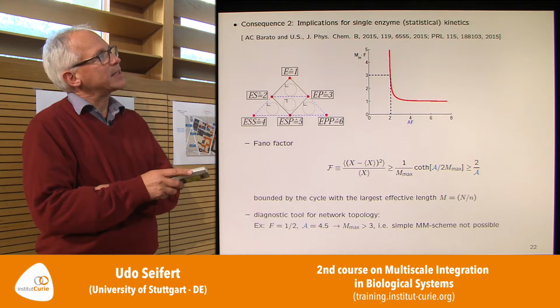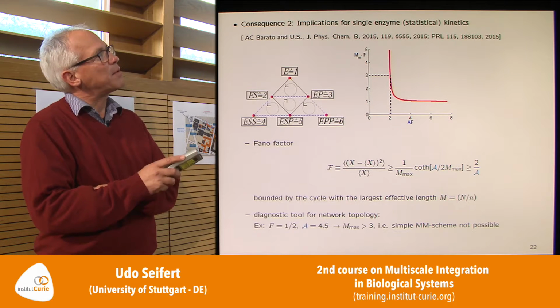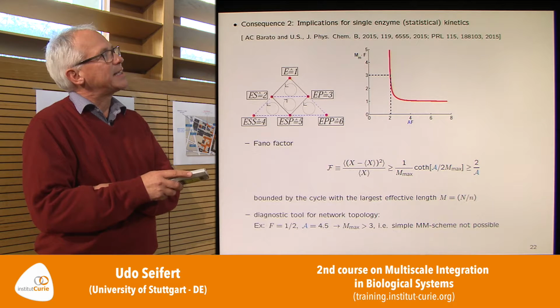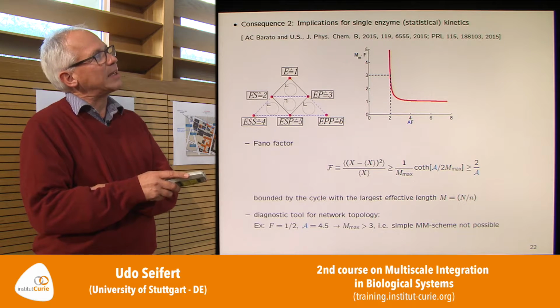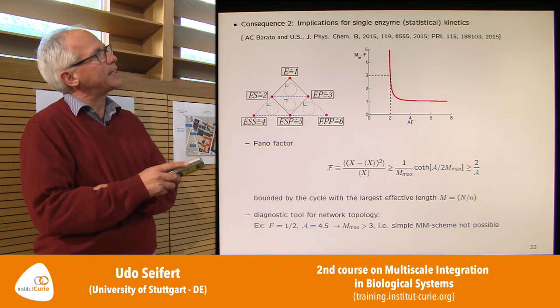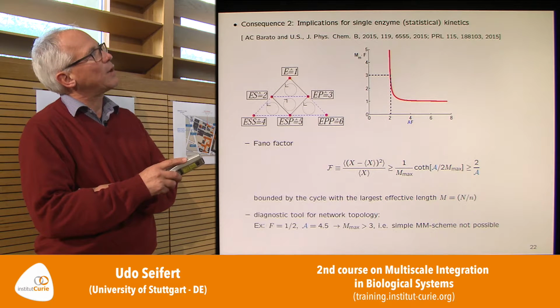And M max is a kind of characteristic number for the network. It's that number which involves the cycle with what I call the largest effective length. Effective length is the number of states divided by little n, which is the number of products in this cycle. So for instance, for this cycle you have 3 states and you get 1 product.